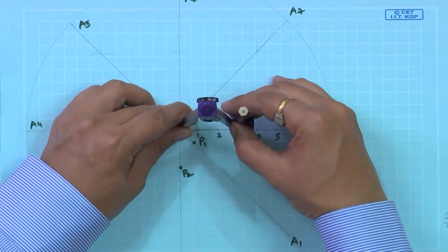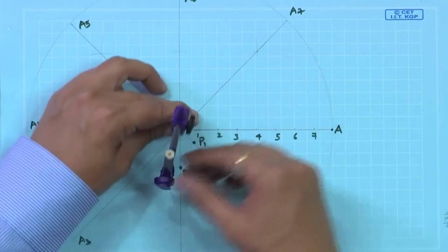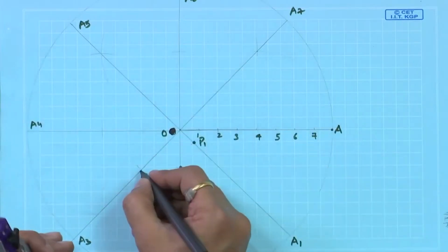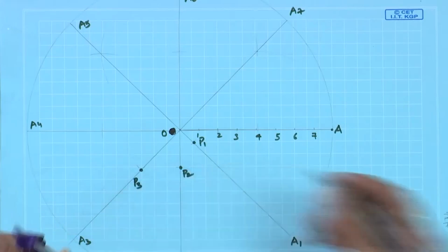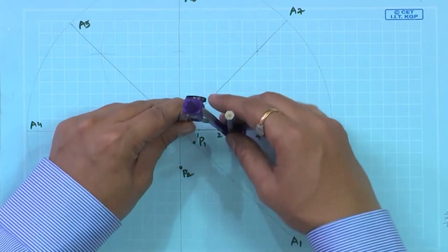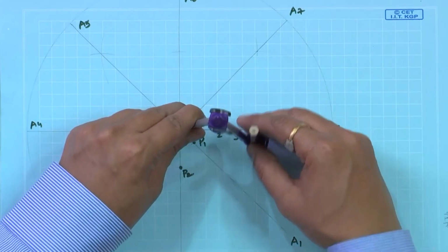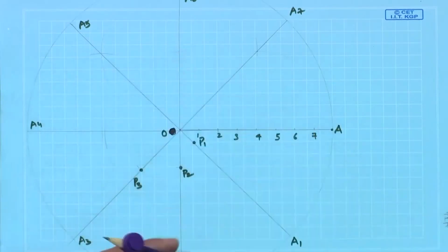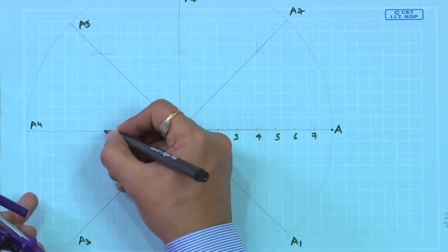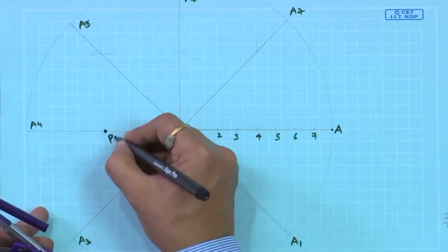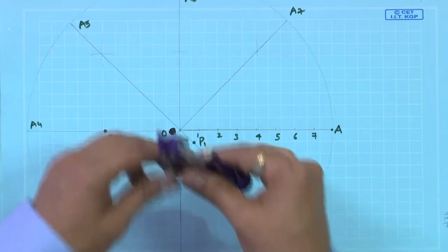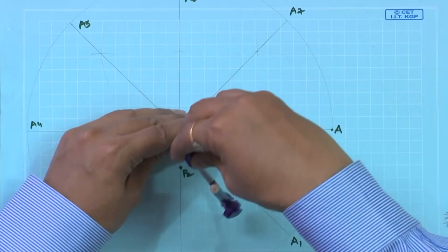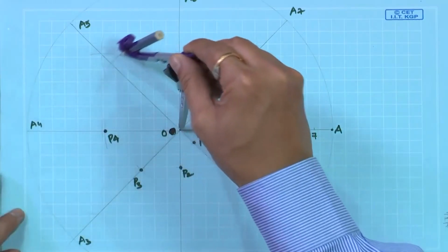From 3, make an arc which will be at P3. With O as center, 4 as radius, O to 4, make an arc here to name it P4 point. Similarly, 5th point, make an arc here.